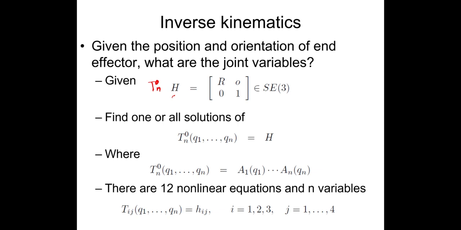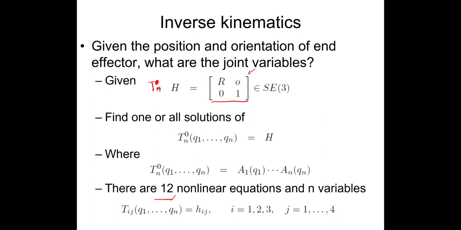We are given this real number matrix Tn0, which in this case is H, a 16-element matrix, and all are real numbers. The question is, find one or all the solutions, so that we know all the q1 to qn.